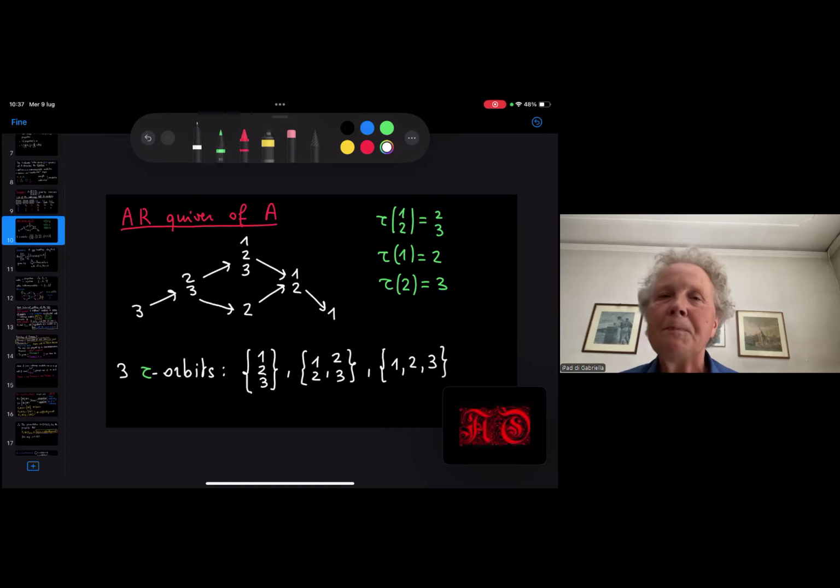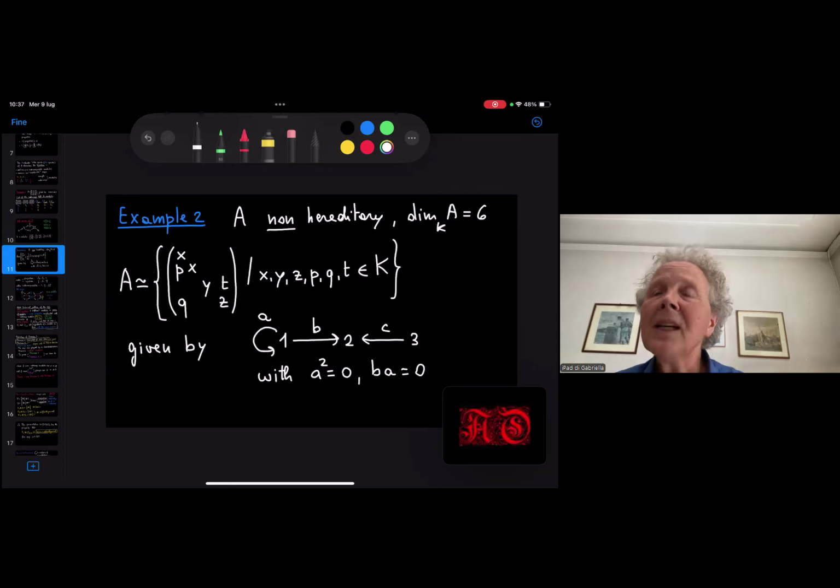Now, another example. In this case, we have again an algebra of dimension 6, but this algebra is not hereditary. And we may describe this algebra with a quiver at the bottom with 3 vertices, 2 arrows, 1 loop, and the property that any path of length 2 is equal to 0.